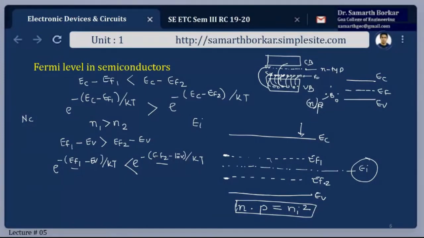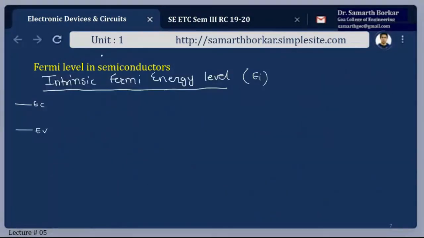Instead of EF1 and EF2, we will derive the equation for the concentration of electrons from the EI point of view. Why are we using EI instead of EF? Because it is more convenient, and we're going to use it extensively during this course. So let us see that particular equation.